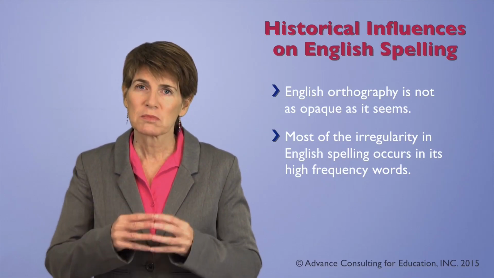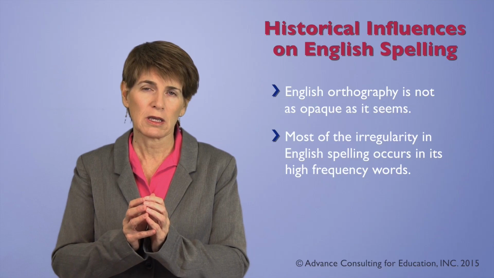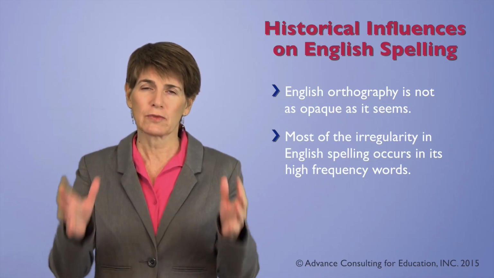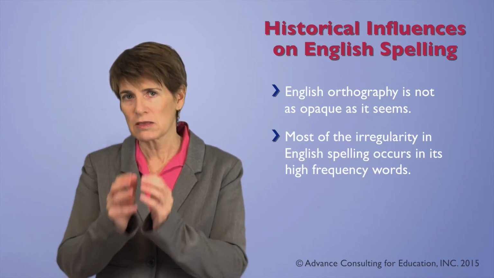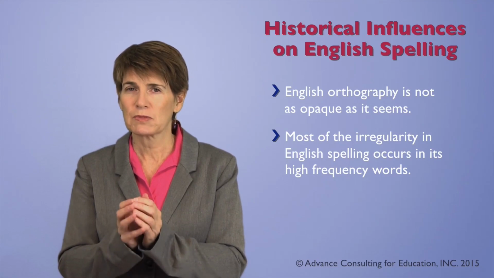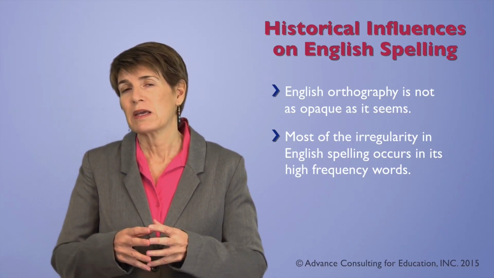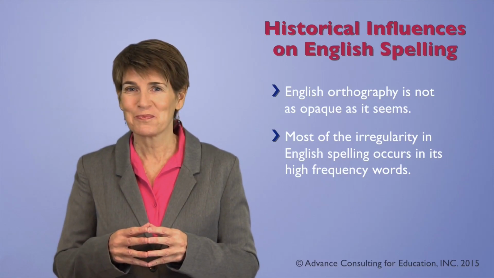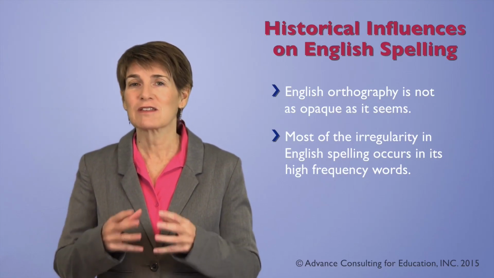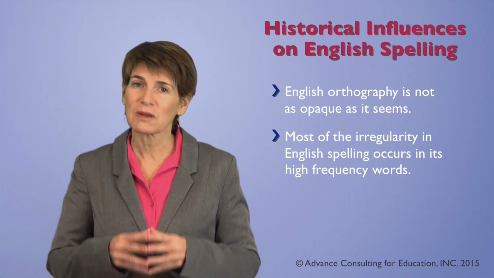So there's a smaller percentage of irregularity in the entirety of English vocabulary than there is in that set of high frequency words. So this doesn't lessen the challenge of spelling, but it does make it seem a little bit more manageable.